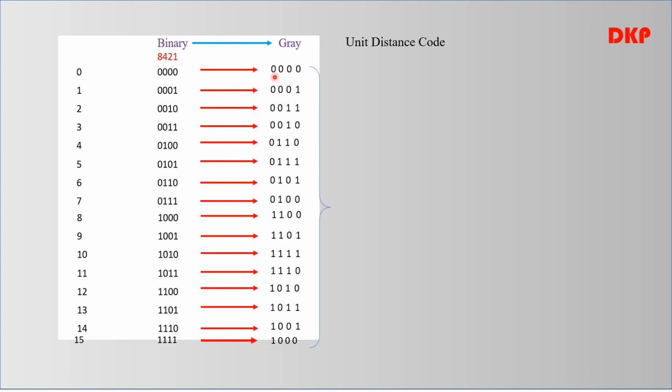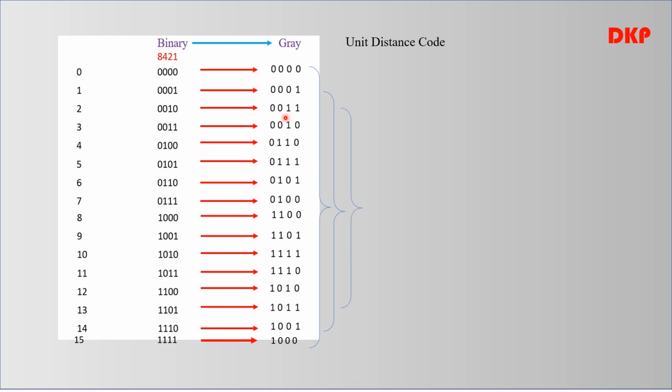Here the first bit is 0, here the first bit is 1. All the other bits are same. Similarly, when you compare 1 with 14, you can see that the second, third and fourth bits of 1 and 14 are the same. Only the first bit changes from 0 to 1.